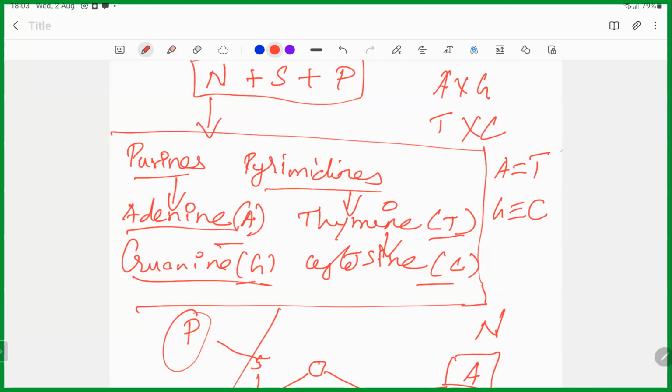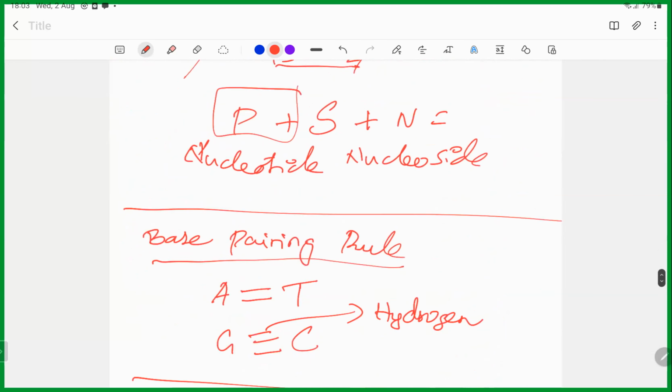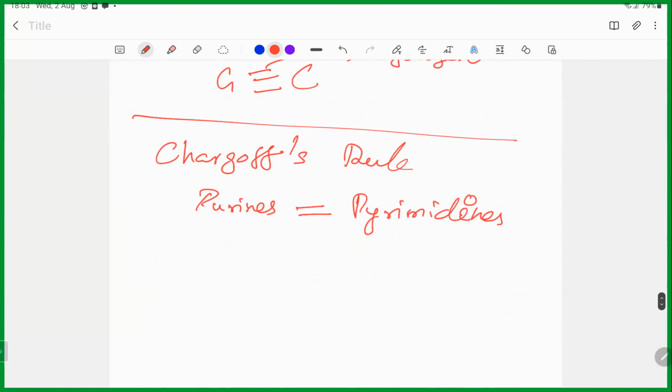Okay, this is the base pairing rule, and Chargaff's rule is purines, adenine plus guanine, how much purines are there, equals that much of thymine plus cytosine. Can you understand? Can you tell me, if 100 A, how much T?